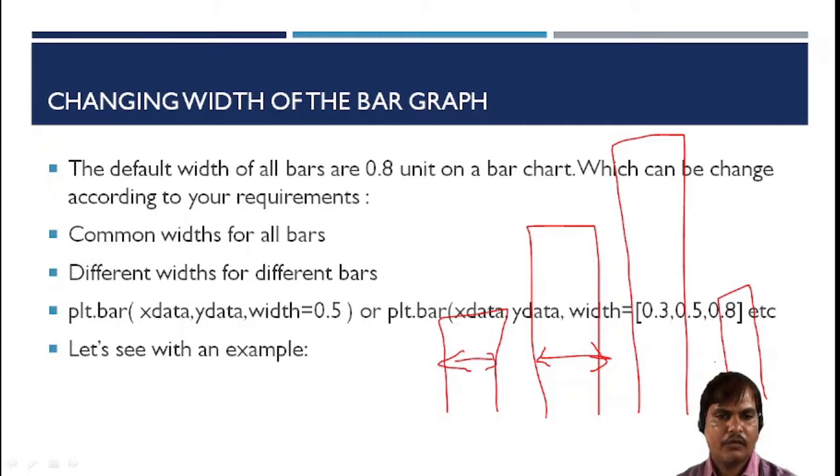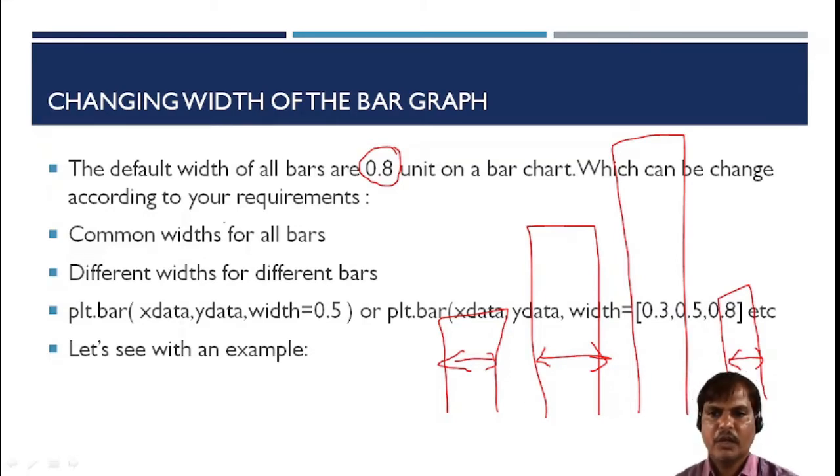Okay, see in all four of my examples, this bar has a smaller width, but by default when you are generating the bar, the width of the bar will always be 0.8 unit on a bar chart. Out of 10 boxes, 0.8 boxes or 8 units will be given to each bar, and there will always be a gap between each and every bar.